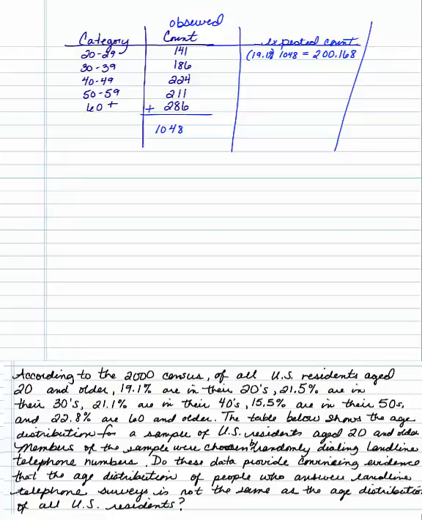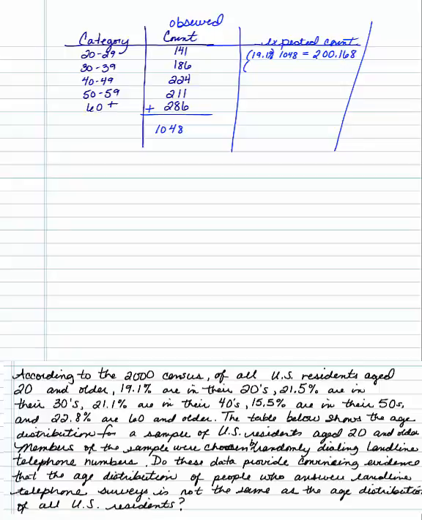Now, can you have 200.168 people? No. But we're not going to round our expected counts because it will change our answer. This is our theoretical expected count, so it doesn't have to be a whole number, because we are talking about whole people. So keep the expected counts as maybe 3 decimal places, something like that.